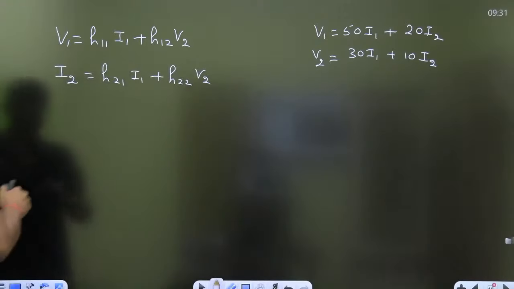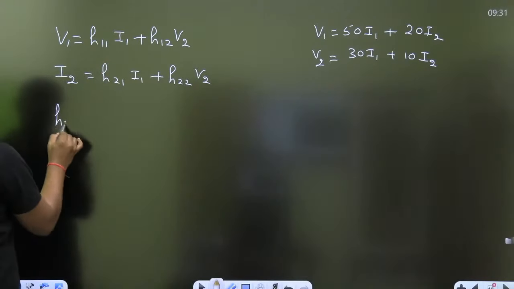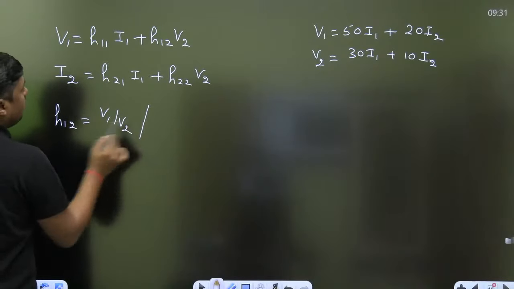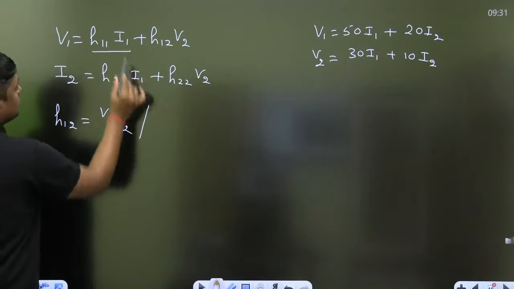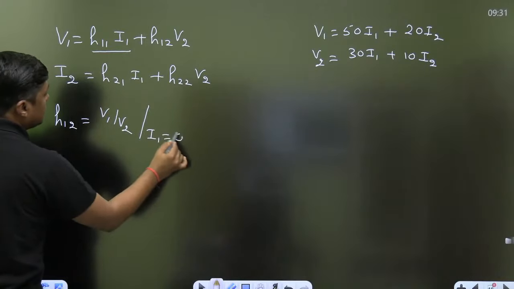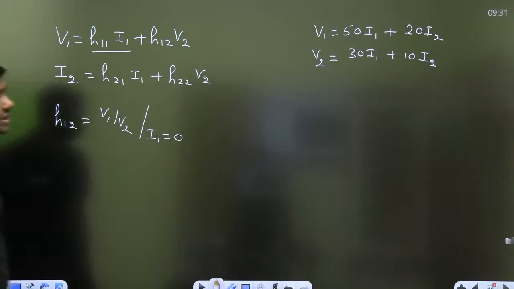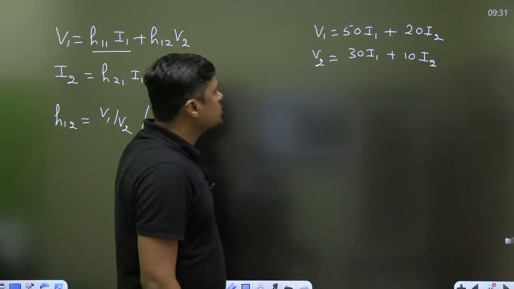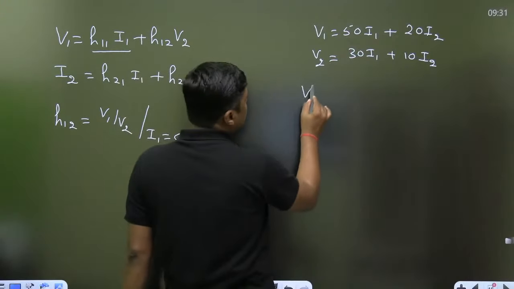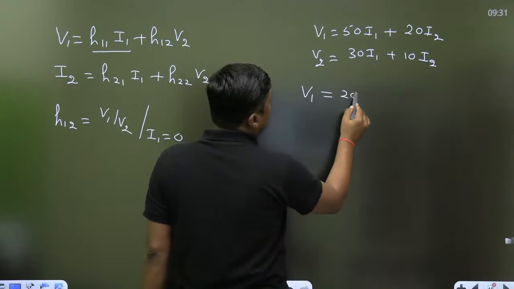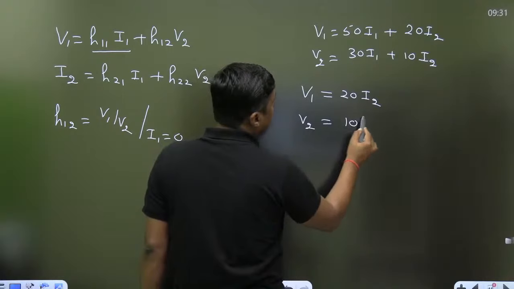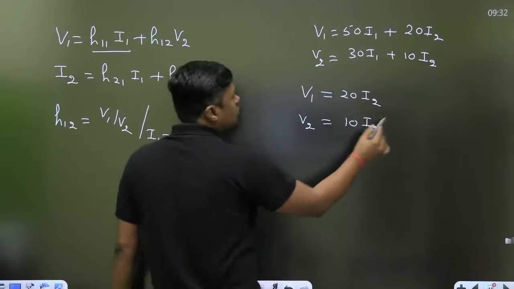Then what is the H12? Always remember H12 is nothing but V1 by V2 with I1 equal to 0. That is the condition. Always remember the condition here: I1 is equal to 0. When I make I1 equal to 0, V1 becomes 20 I2 and V2 becomes 10 I2.